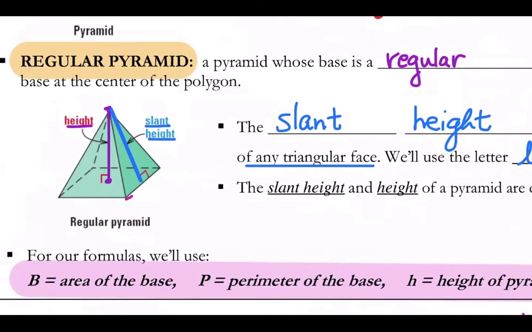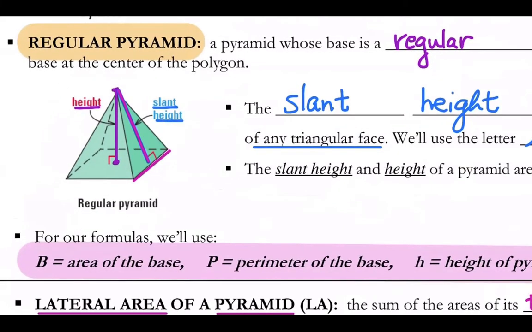So the base of the triangle would be that base edge length. The height of the triangle would be that slant height. But because the base is a regular polygon, all of the triangles all the way around will be congruent. So since all of the triangles are congruent, instead of doing each one of those triangles separately, we're going to use the perimeter of the base to get all of the triangle areas at one time.